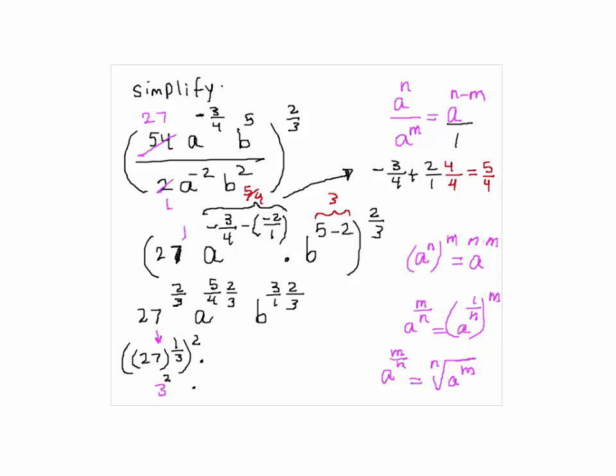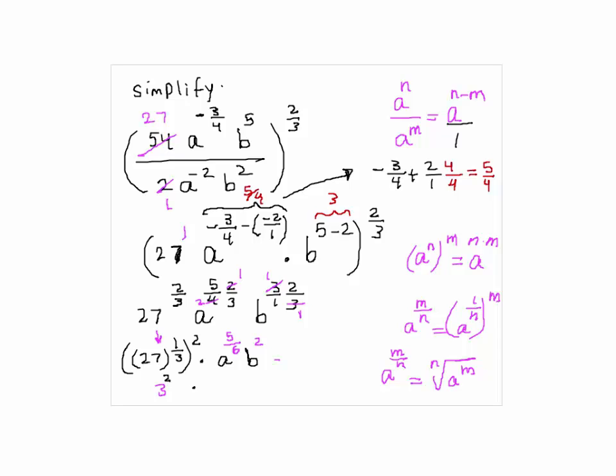Okay, here would be a to the power of, we can reduce some of these here. That would be 1, that would be 2, that would be 5 over 6. And then here would be b to the power of, okay, the 3 reduces here. b to the power of 2.